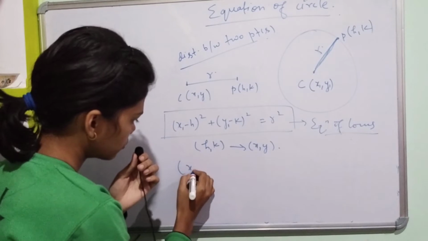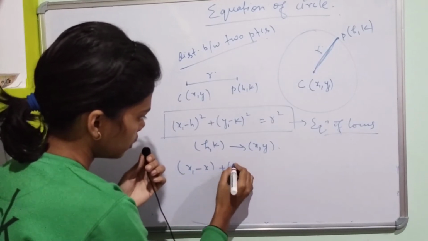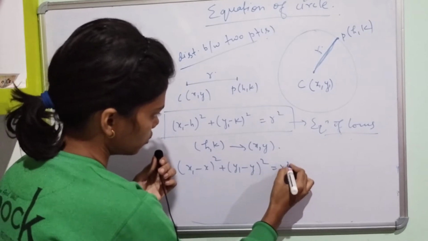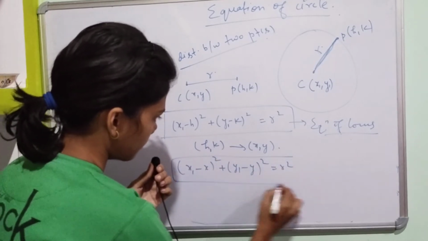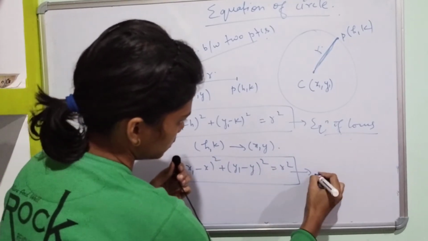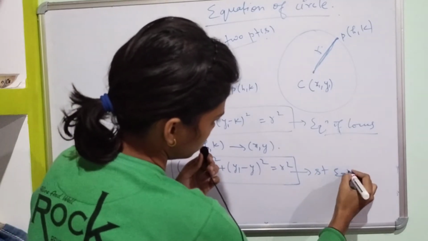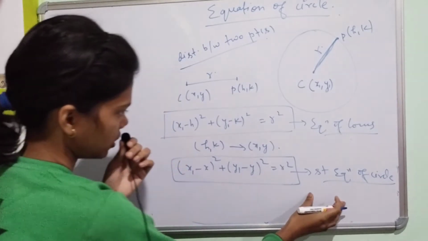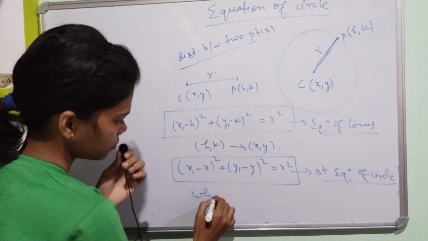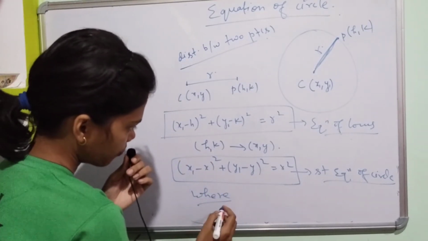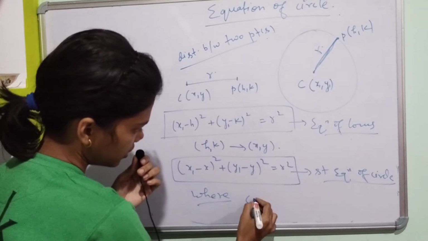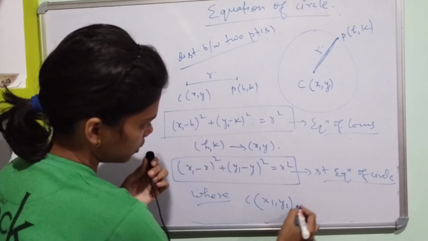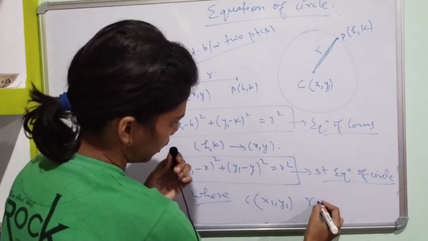So we get x1 minus x whole square plus y1 minus y whole square equal to r square. This is basically the standard equation of circle, where center is x1 comma y1 and radius is r.